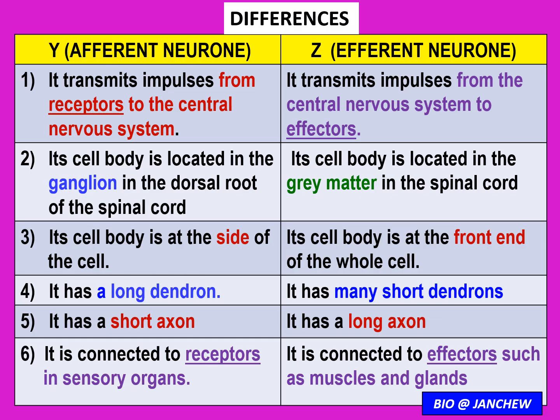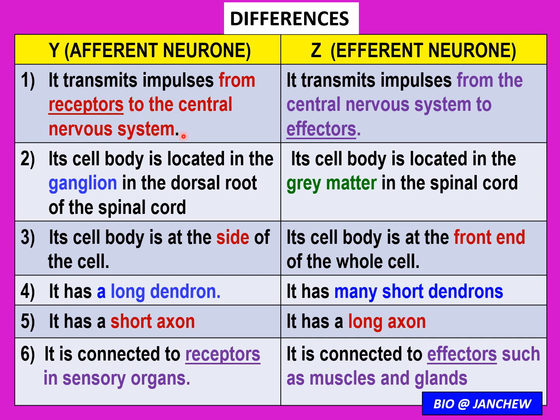Lastly, write down the differences, and you can tabulate the differences and make a table to show them. So write for the title Y bracket afferent neuron, and this one is Z bracket efferent neuron. So refer to the cells as Y and Z according to the question. Now number 1, Y transmits impulses from receptors to the central nervous system.